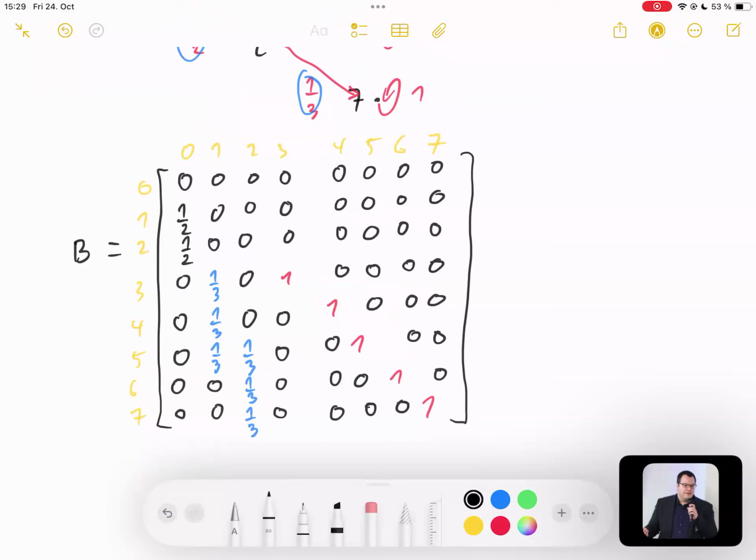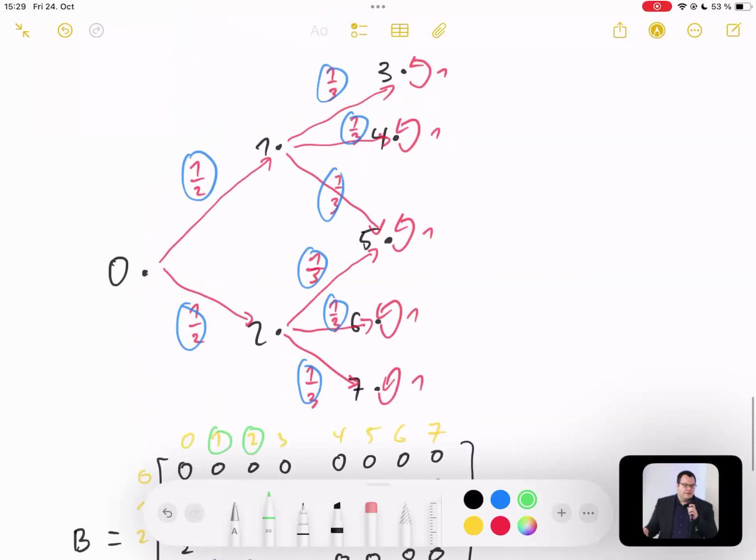So this is a matrix. Hopefully all the zeros are put in there. And we observe a few things. For example, we see this one here. We have these two 1/3 in 5 coming from 1 and 2, which are just these two ones.